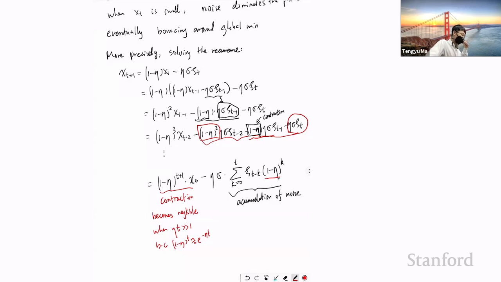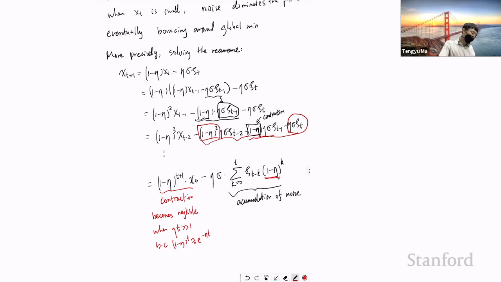So you forget about the very long history. If you add noise at the very first step, it doesn't really matter, because when k equals, for example, t - 1, that's the noise ξ1 that you added in the very first step, and that noise becomes negligible because you multiply (1 - η)^k in front of it. Because of the contraction, that noise becomes less and less important.